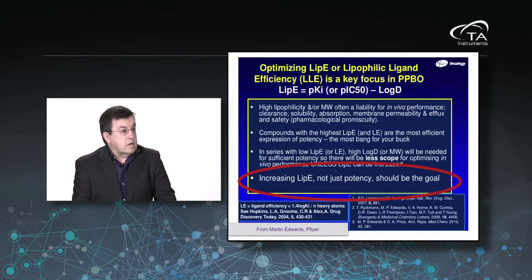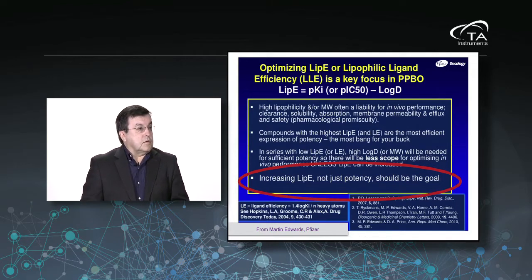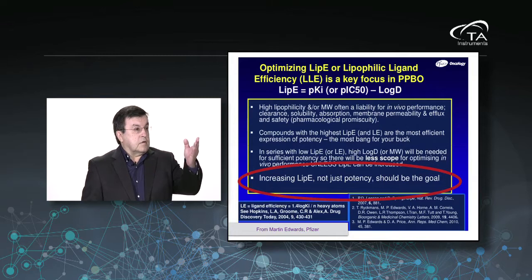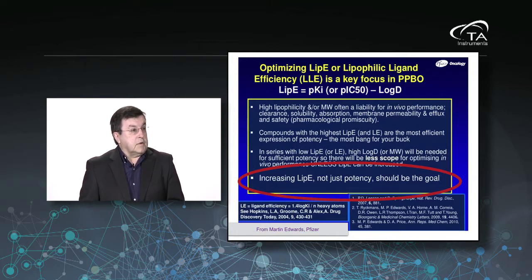And in fact, there are different papers which mention that, for example, high lipophilicity or molecular weight are liabilities for in vivo performance, clearance, solubility, absorption, membrane permeability, etc. And that increasing LipE, not just potency, should be the goal.